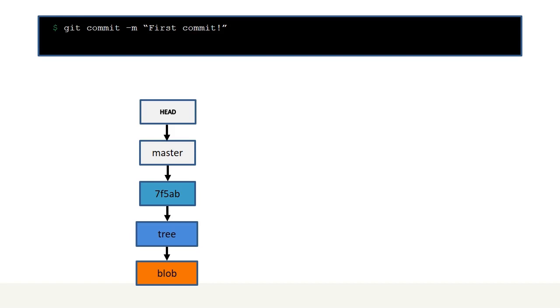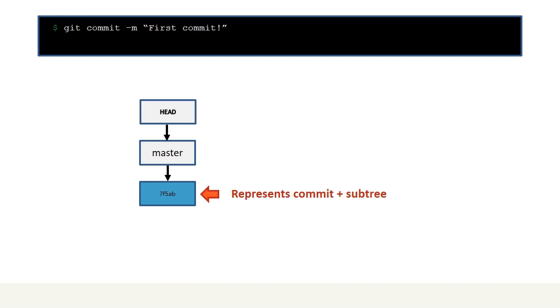So here's a simple flow. I've got one commit. Now, going forward, I'll use these kind of shorthands and only show the commits. I'm not going to show the actual tree of blobs and trees that it points to, just to economize on space. But just understand that this commit represents the tree and subtrees and blobs within that commit.